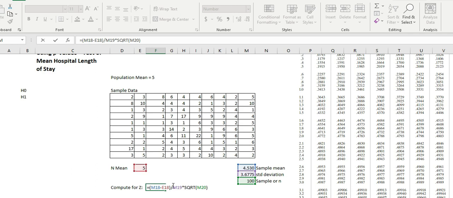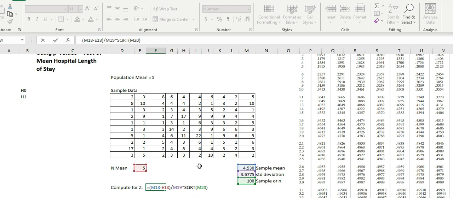This one less this one, and then over M19, the sample standard deviation, over the standard deviation M19 here, and the square root of the sample size, which is 100.